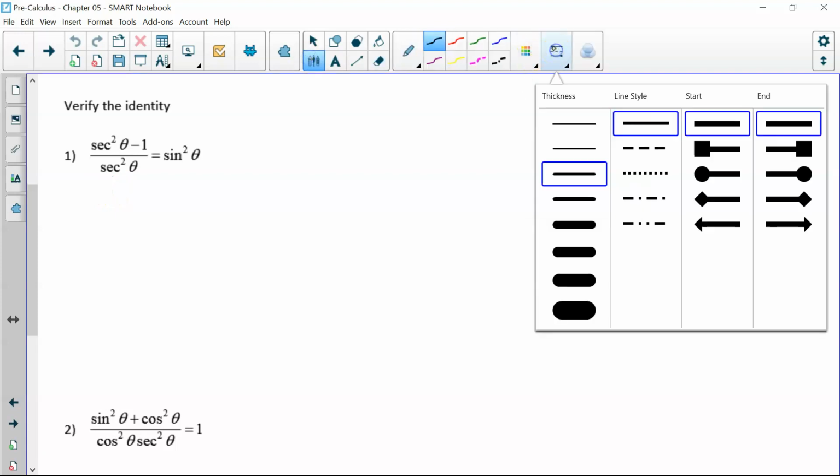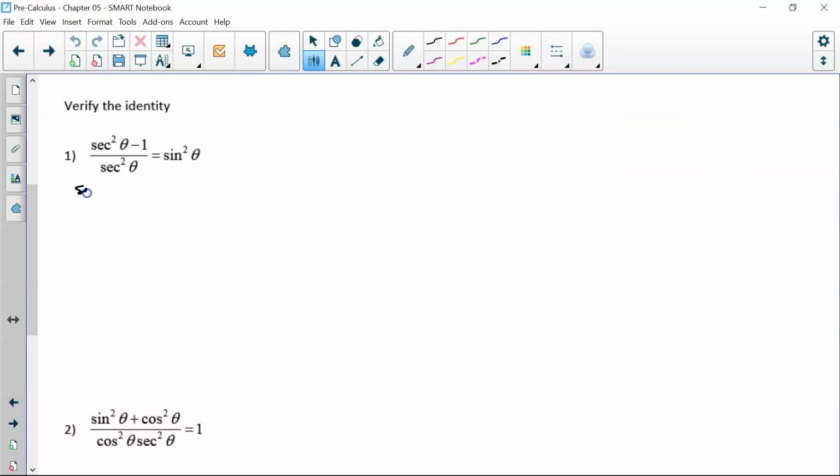So it's going to be the secant squared theta over the secant squared theta plus negative 1 over the secant squared of theta. So what's going to happen is the secant squared theta over the secant squared theta, that's going to become a 1.